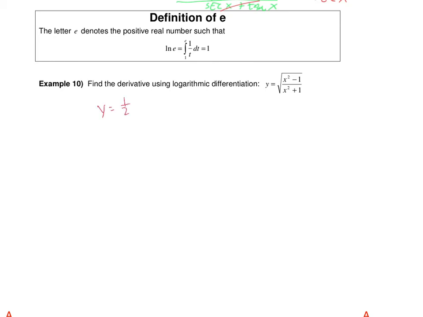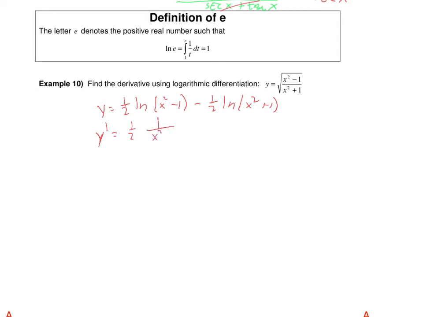So I would have 1/2 my log of x squared minus 1 minus, because of the quotient, 1/2 my log of x squared plus 1. So now if I take that derivative, the 1/2 is going to come along with.